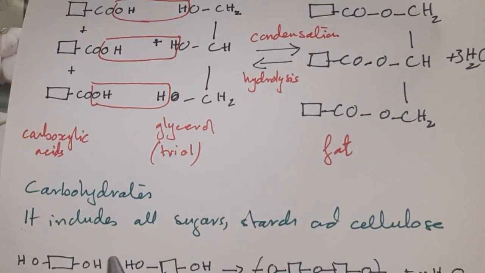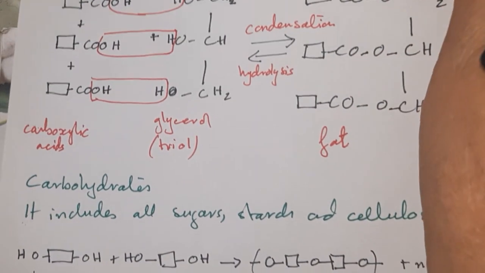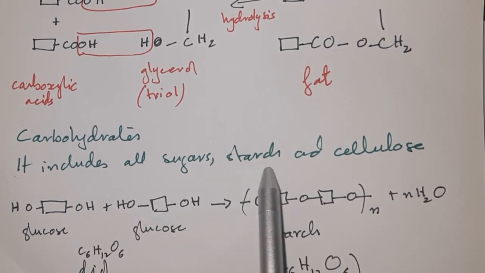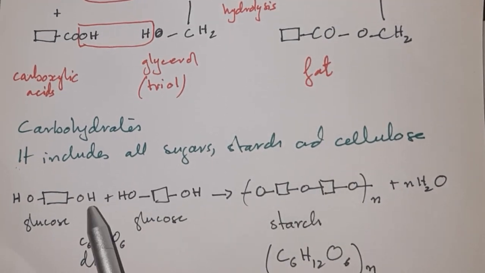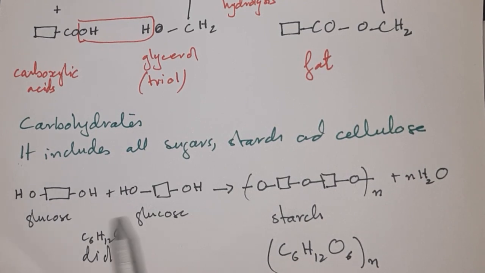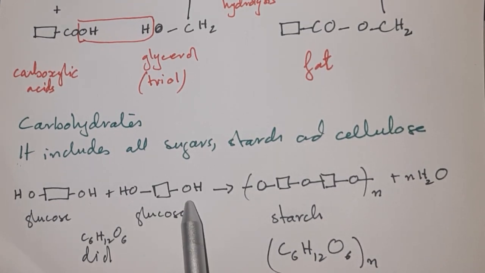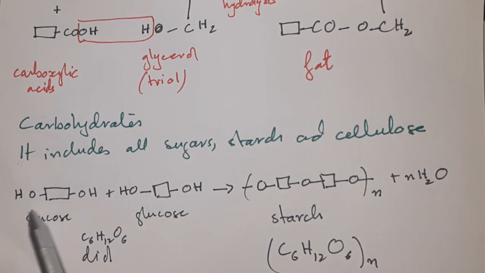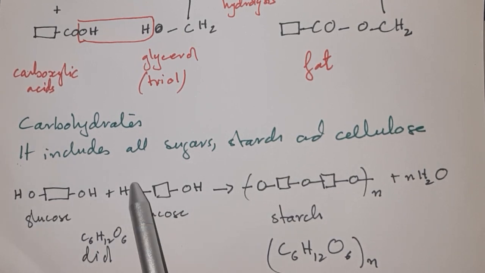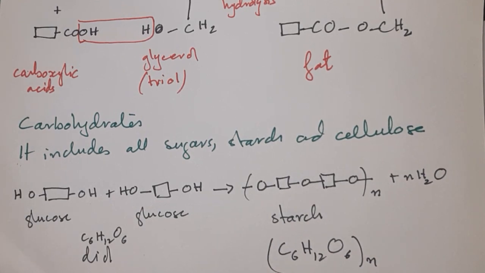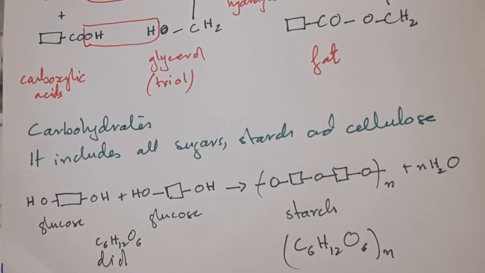Then we have, last but not the least, the carbohydrates. It includes all sugars, starch and cellulose molecules. This is glucose. Glucose is actually a diol. On both sides we have hydroxyl groups, and H and OH are removed and it forms the starch.